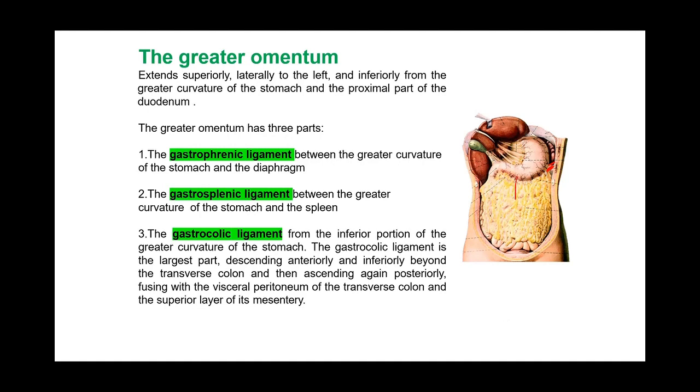Then this gastrocolic ligament from the inferior portion of the greater curvature of the stomach, okay? The gastrocolic ligament is the largest part, descending anteriorly and inferiorly beyond the transverse colon, and then ascending again posteriorly, fusing with the visceral peritoneum of the transverse colon and the superior layer of the mesentery.